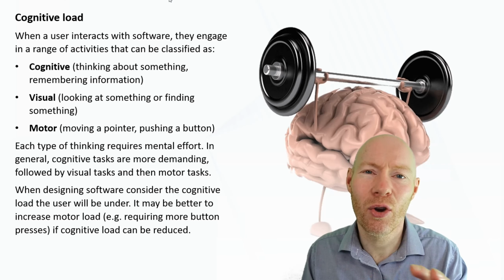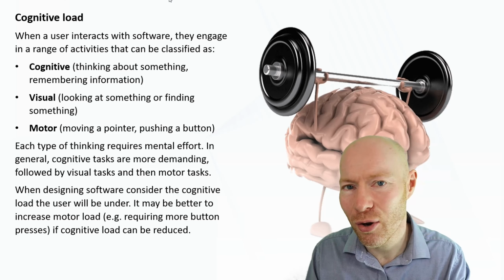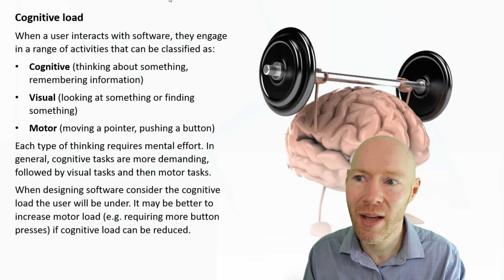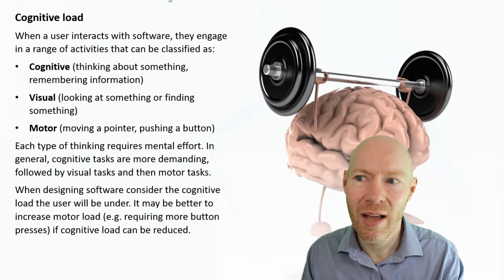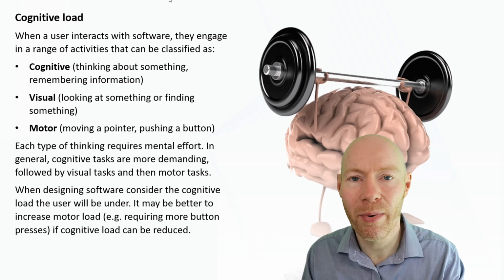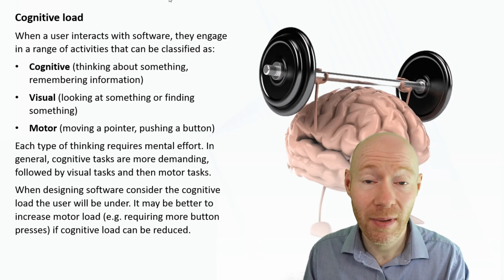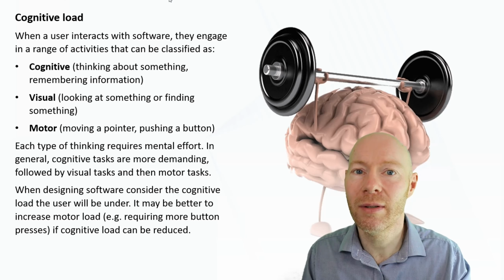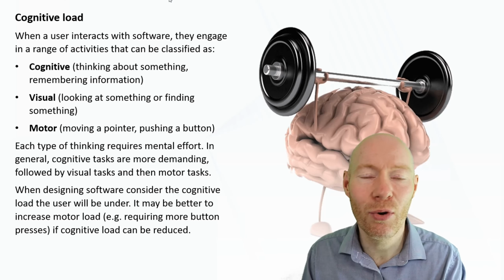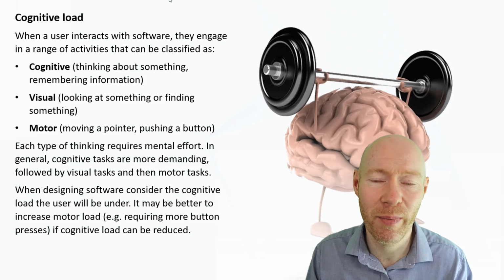Certainly you can crudely say, and this is crude, that cognitive load in terms of thinking and remembering has a higher cost than visual, and visual has a higher cost than motor, if you want to look at things from that perspective.